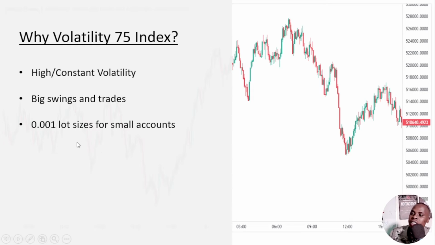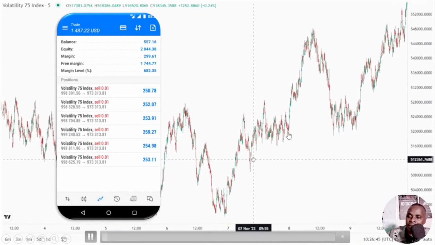With this lot size, you can trade any account size, and you can potentially grow this account. For example, if you had caught that move that I just showed you, you could have made $19 even if you had like $5 in your account. Why? Because you have a very small lot size to play with. So that's one of the reasons why you want to place your trades using Volatility 75 index.